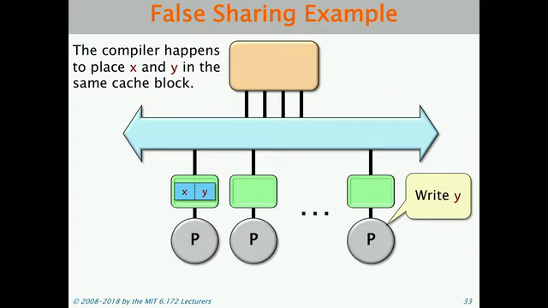And this can be quite hard to debug, because if you're using just variables on the stack, you don't actually know necessarily where the compiler is going to place these memory locations. So the compiler could just happen to place X and Y in the same cache block, and then you'll get this performance hit, even though it seems like you're accessing different memory locations.